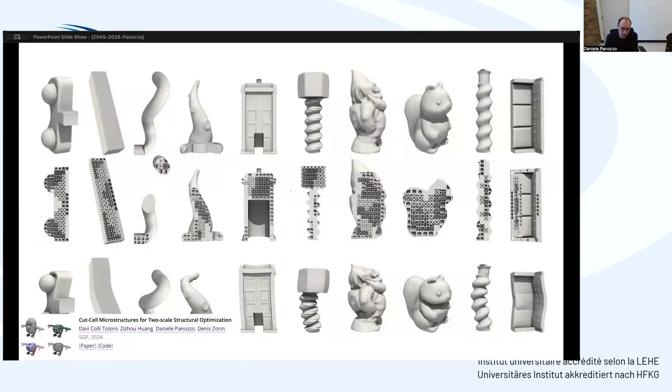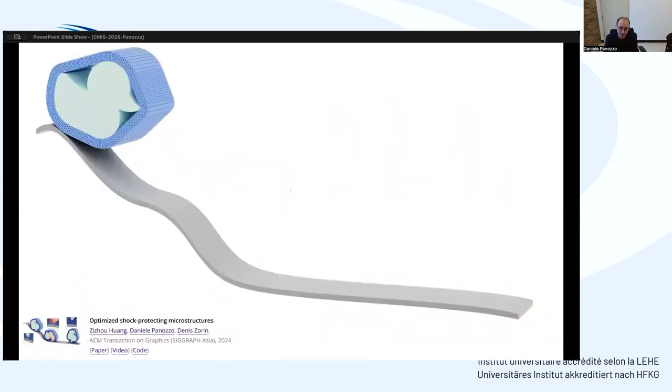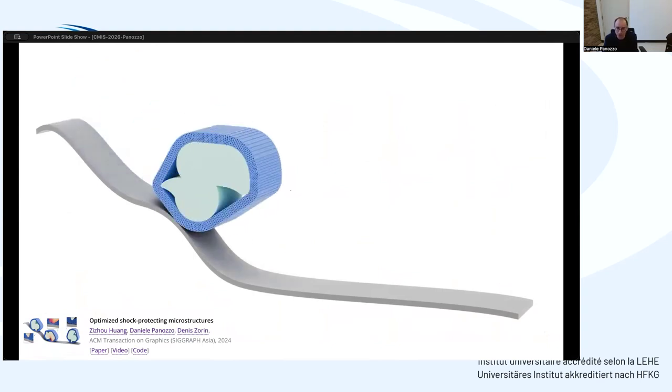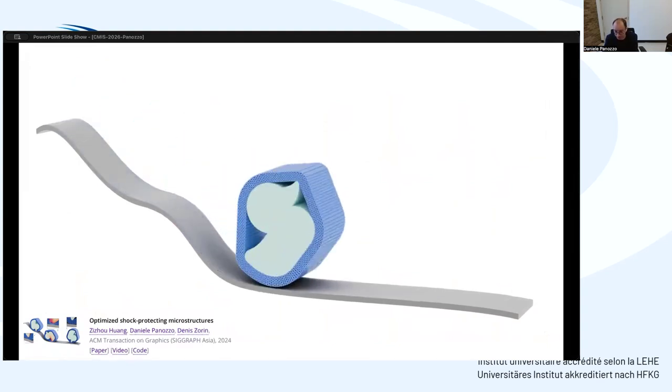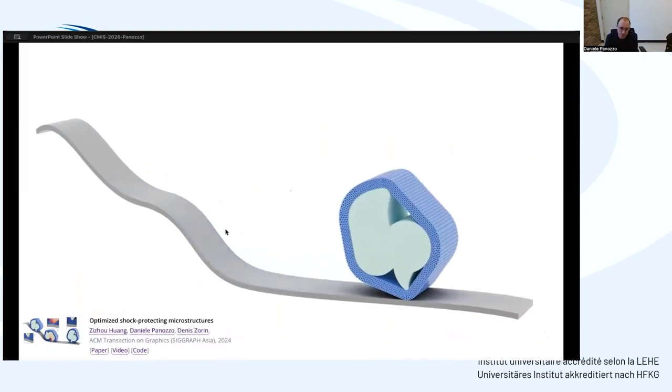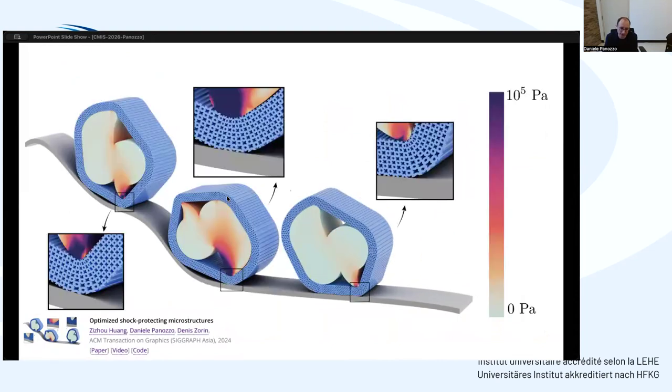But one more recent work that I would like to mention that I'm excited about is that we can now optimize microstructure families also with nonlinear materials and keeping contact into account. In this example here, we're trying to design a foam to protect this object, this duck.